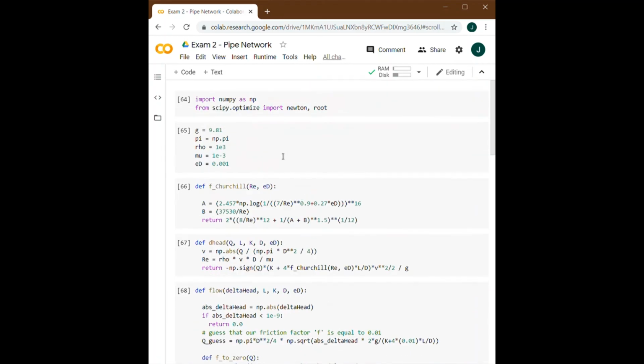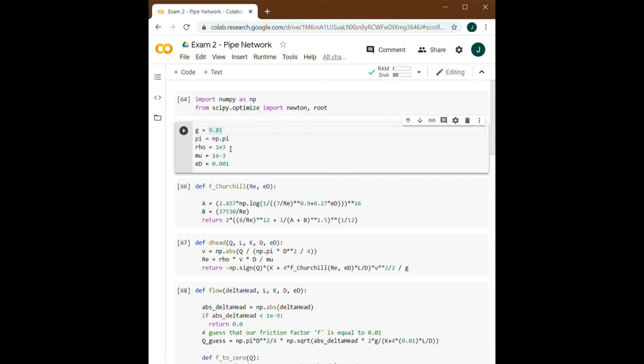Going through our code, we're going to double check that our given information is correct. So we have 9.81 as G, that works. Pi as pi, that works.